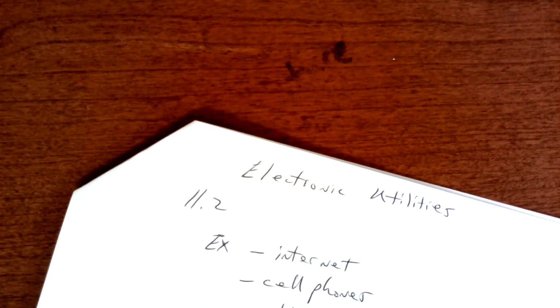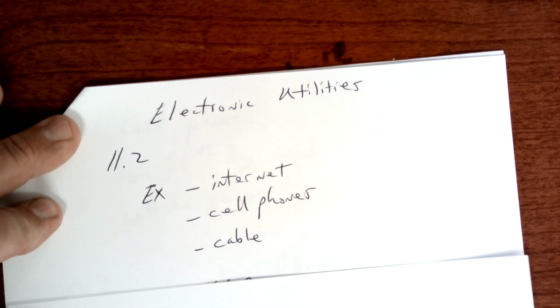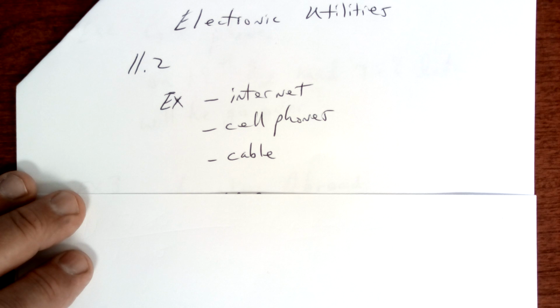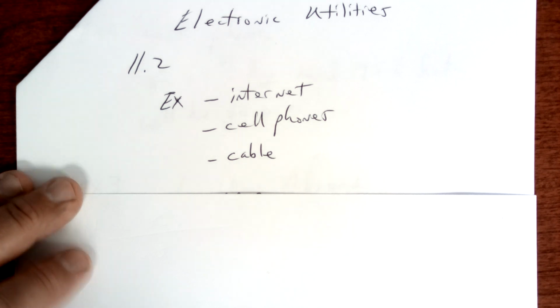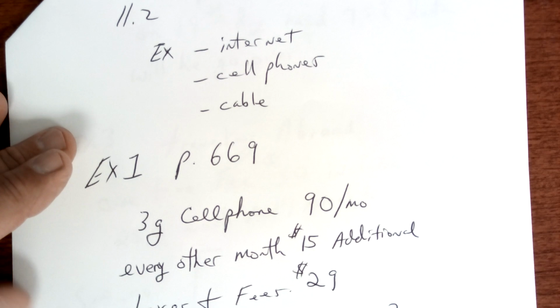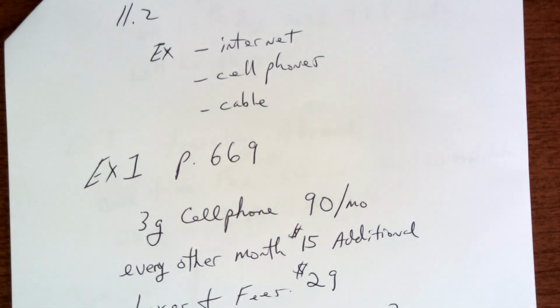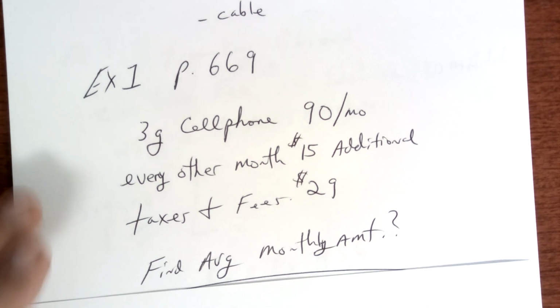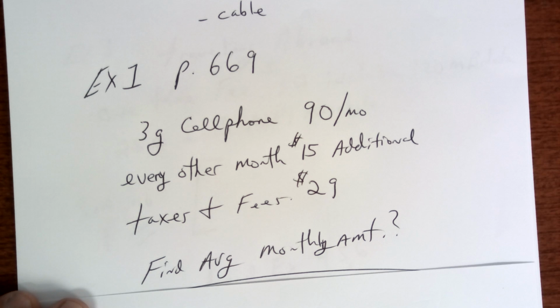Now let's take a look here. 11.2. These are electronic utilities, internet, cell phone, cable, etc. Let's look at examples. So open a book to 669. The question here is, find the average monthly amount.